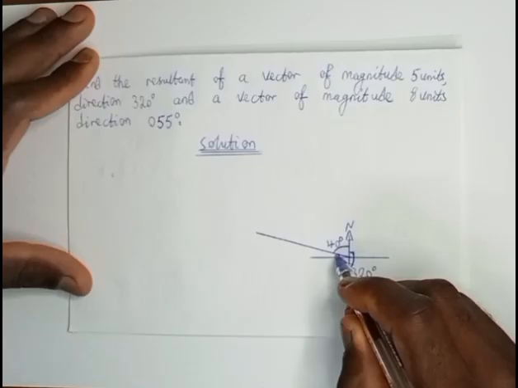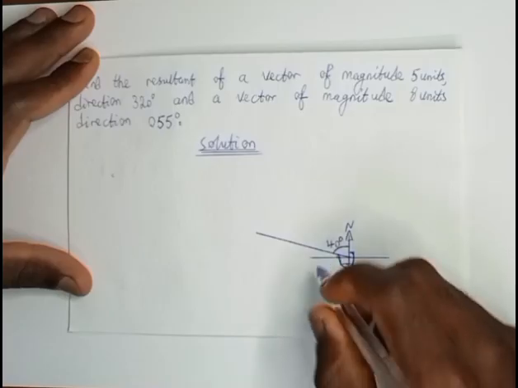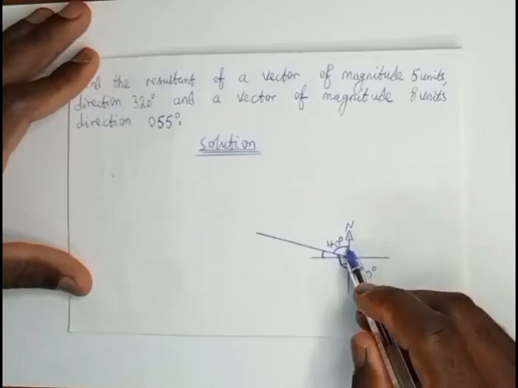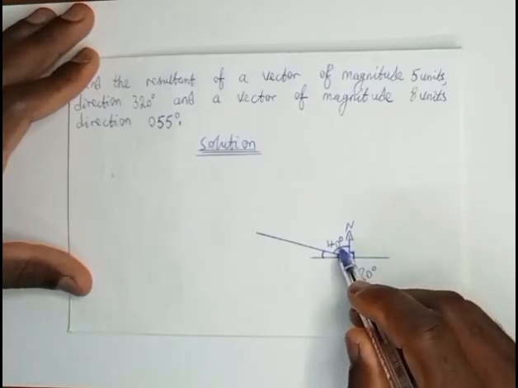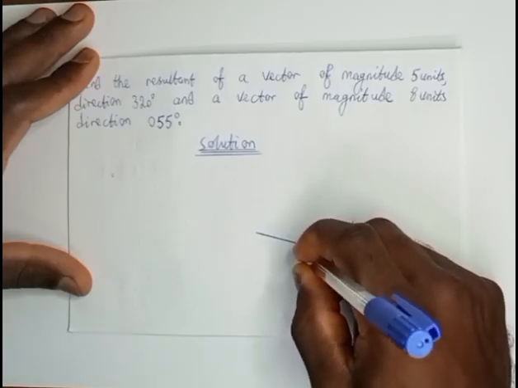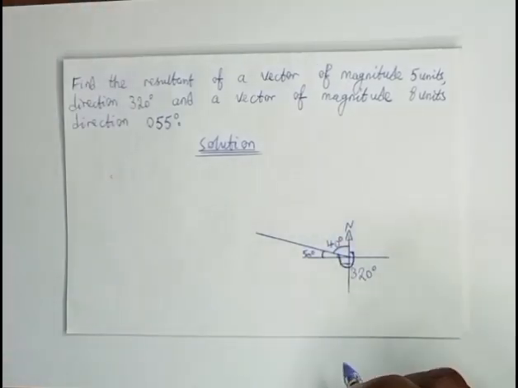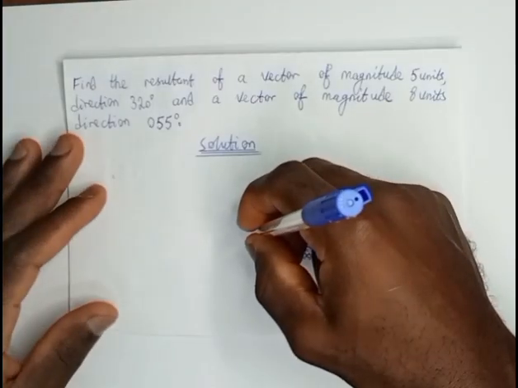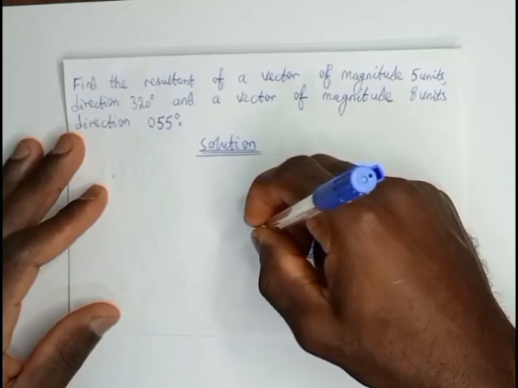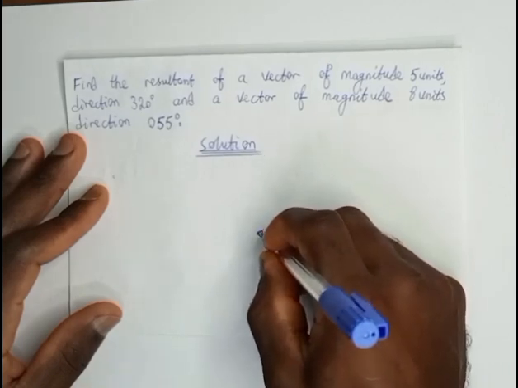If from here to here is 320, then this angle will simply be 90 minus 40, which gives us 50 degrees. So this is for the first vector, and we have been told that this vector is 5 units of magnitude.